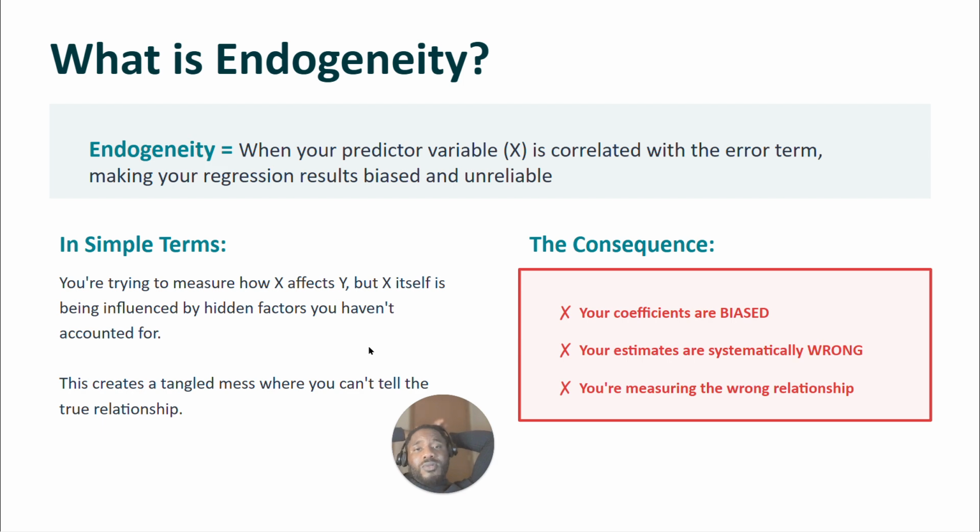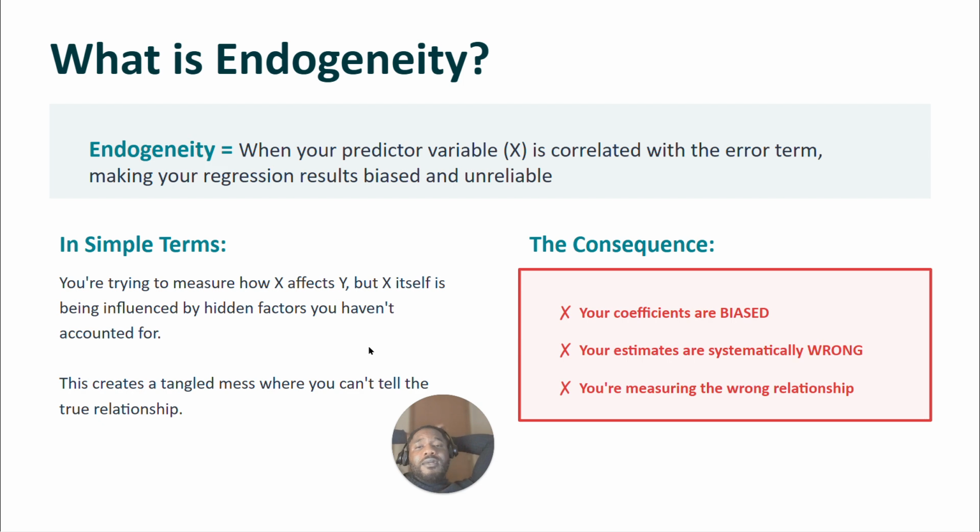Endogeneity occurs when your predictor variable... So, in research we have independent and dependent variables, and X is independent and Y is dependent. X causes Y, so it's all about measuring causality. If you don't understand this, I have a video for it, which I will link here.